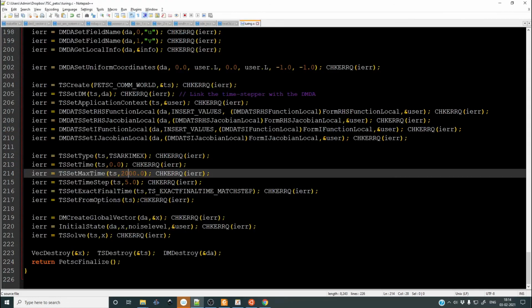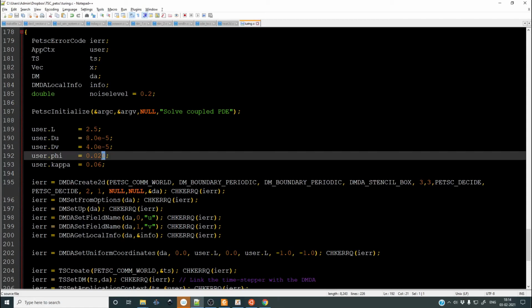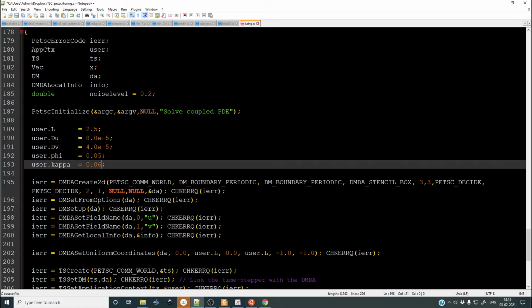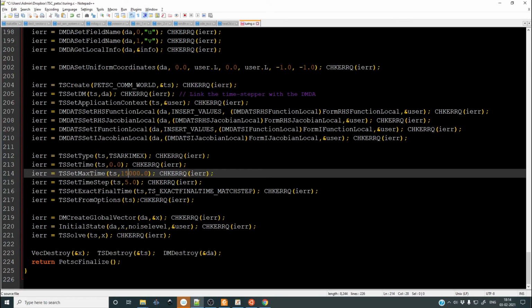Let me change some of the parameters. Let me change phi to 0.05, and let me change kappa to 0.063. The diffusion coefficients can remain the same. Let me change the max time to something much larger, maybe say 15,000.